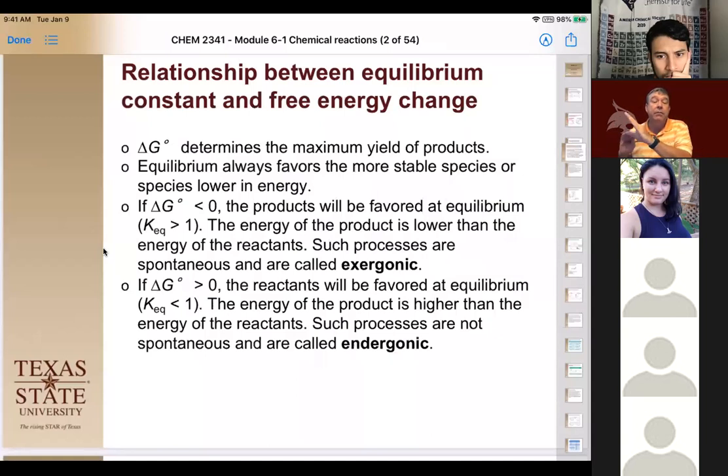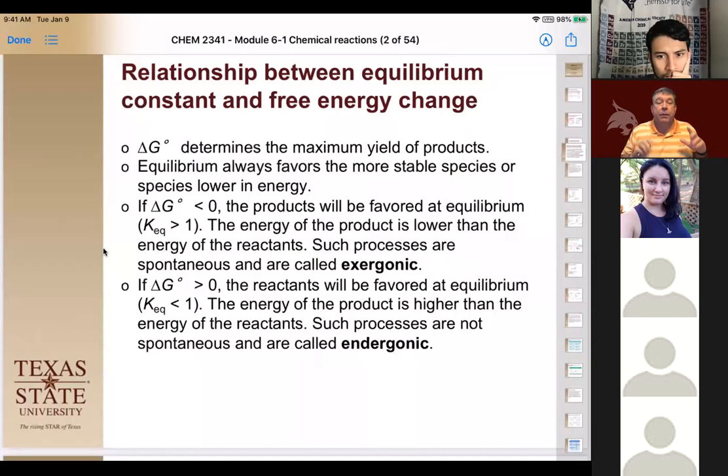That means you're going to have very few starting materials left, okay? Let's say your equilibrium constant's not that great. You only can convert half of your species to the product, and then the reaction stops. Okay, so that's why the change in Gibbs free energy determines our max yield of our products, our maximum.